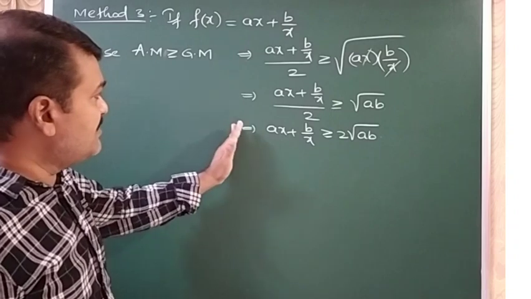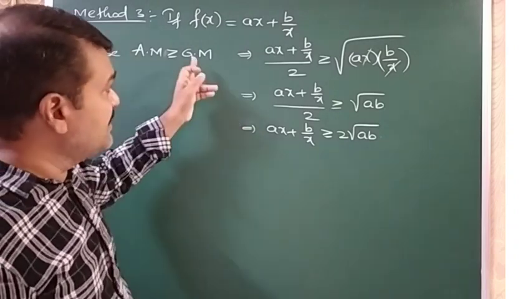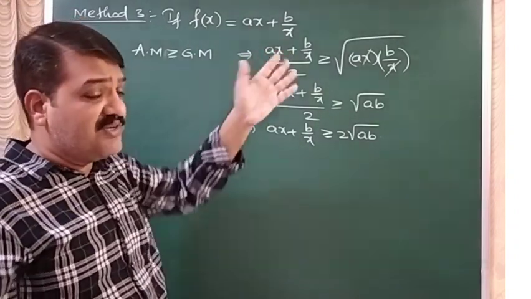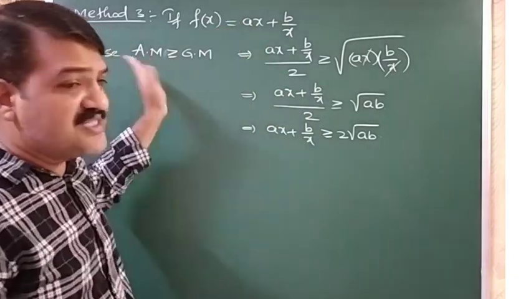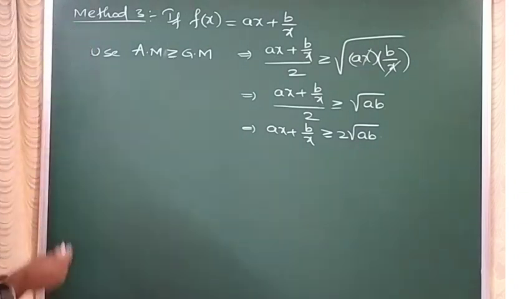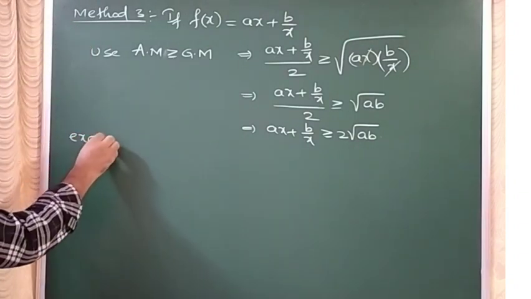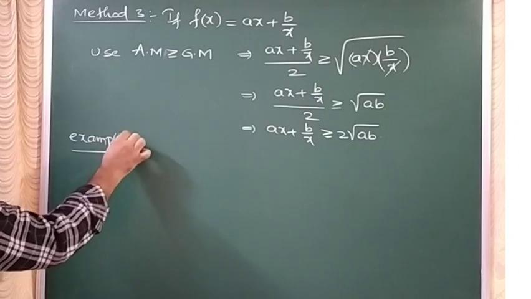So this is the reason generally when we have the function having two terms which are in the reciprocal form to each other, we will try to use this condition. Let us see a simple problem for this.